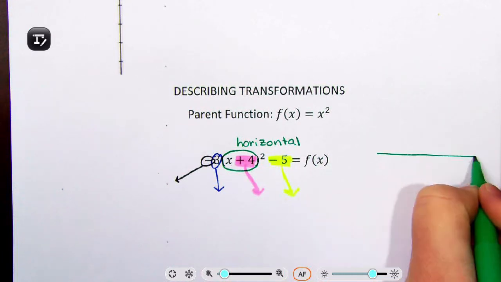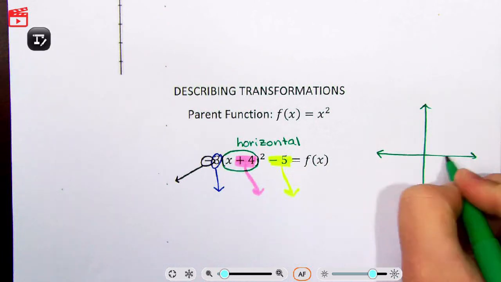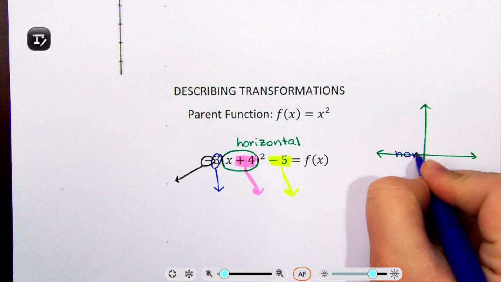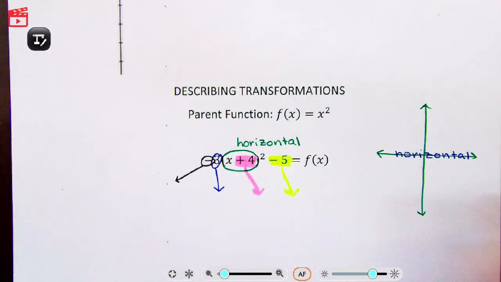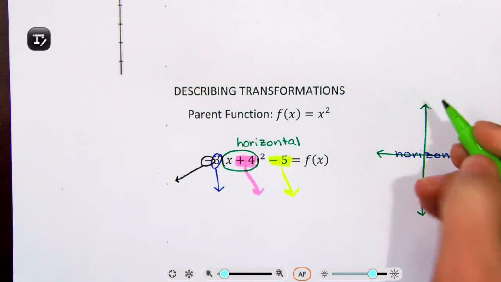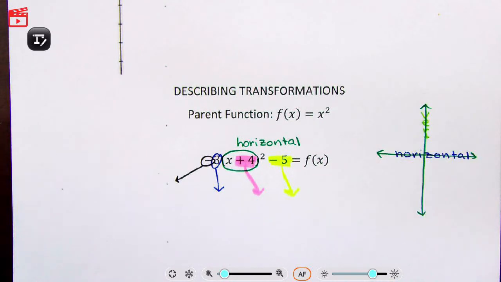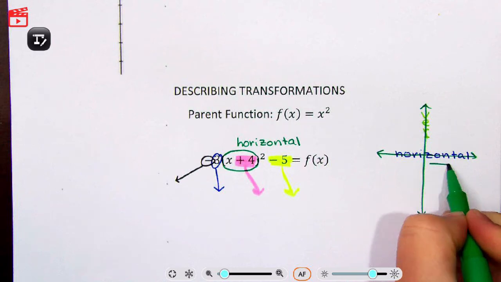Now, let's draft this out real quick. Not the equation, but I just wanted to give you the x-axis and the y-axis. This is your horizontal line. That means this one here is your vertical. If you have a horizontal, your options are either going to the left or to the right.